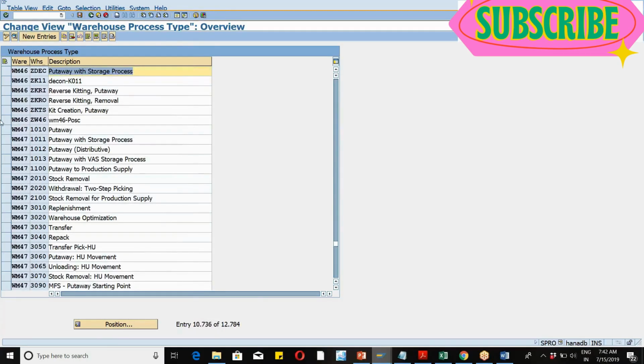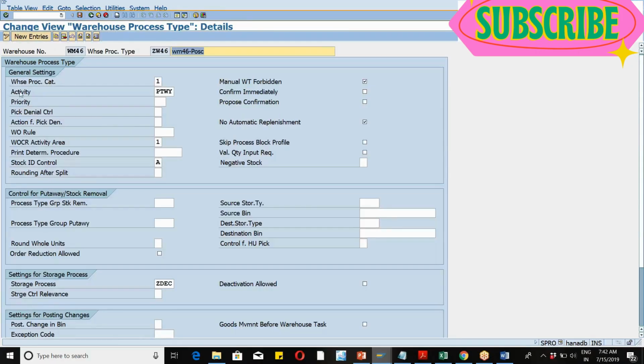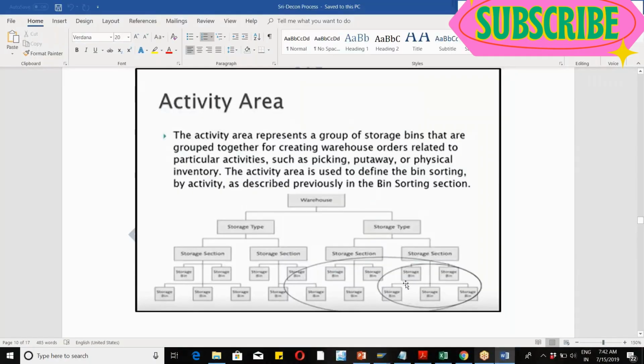Not 100%. Yeah, yes. Like we have defined something called an activity area and an activity. What was that? That is the global storage bins that are grouped together, related to picking.